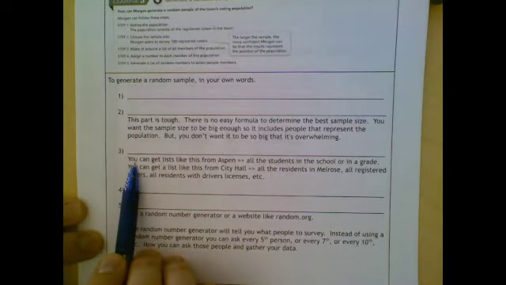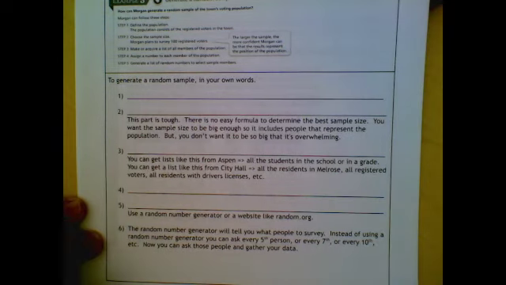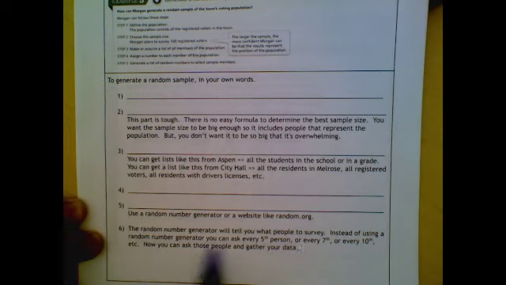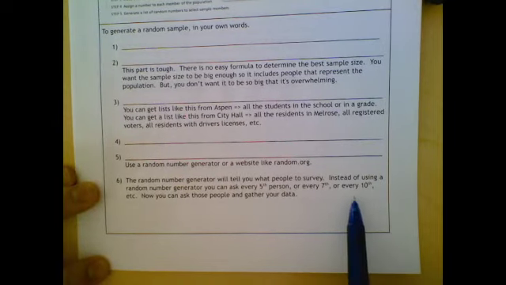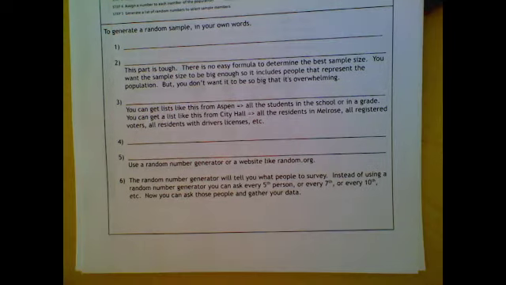When you get a list of all the members of the population, that might be where you go to Aspen, or you get a list of all the people with a license, or all the voters, all the residents of a city. You would assign everyone a number and then randomly select people from that list, or do something like picking every 10th person or every 7th or 5th person, and now using those people, you can go and ask them your question.